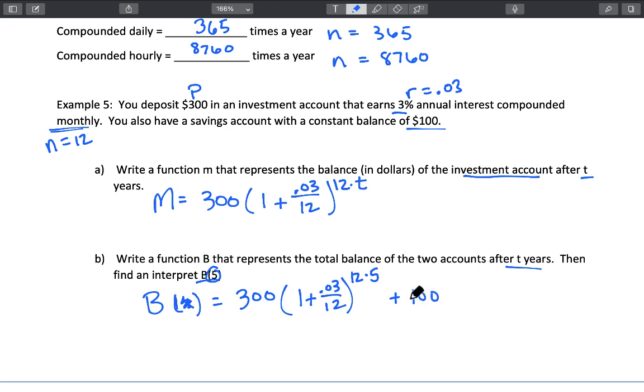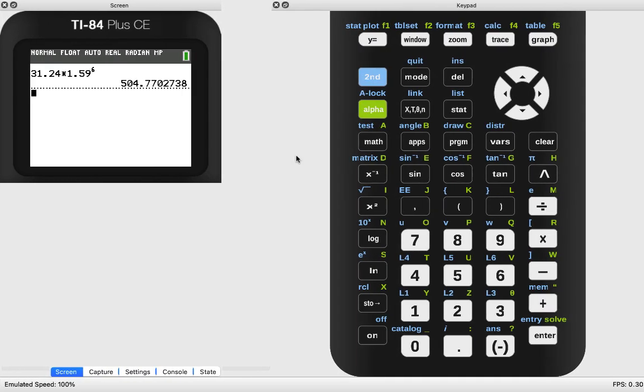All right, so we're going to let our calculator do the work here and see what we come up with. All right, we have our $300 times our 1 plus, now we're going to open up parentheses and do 0.03, divide that by 12, close that parentheses, close another parentheses, and then do our exponent of 12 times 5, and that's going to be what we have in our investment account there.